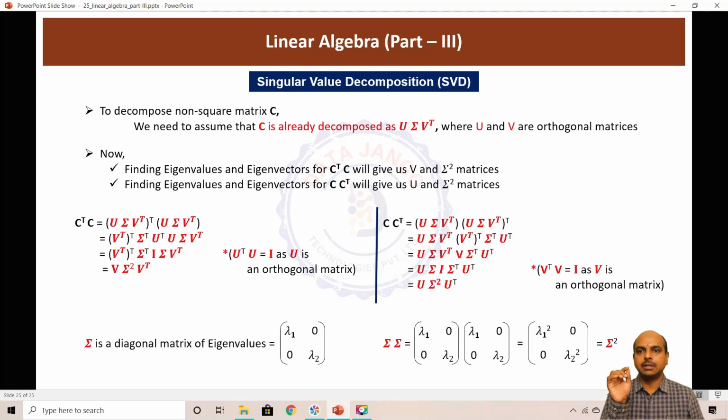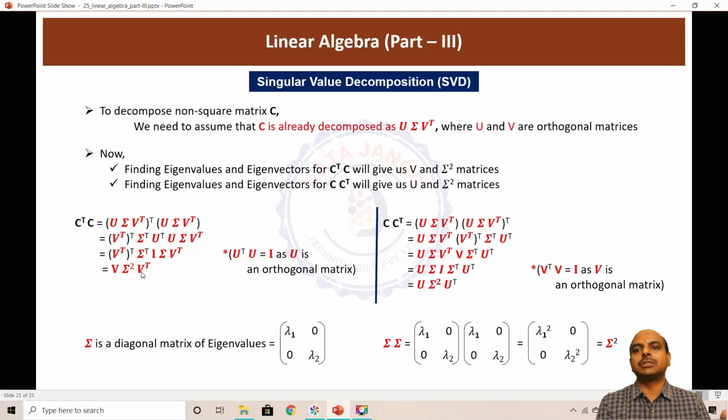V sigma square V transpose, where V transpose is V inverse. V inverse and transpose are the same, because U and V are orthogonal matrices. V is an orthogonal matrix, which means V transpose is equal to V inverse. In an eigenvalue decomposition, a matrix A can be decomposed into V lambda V inverse.